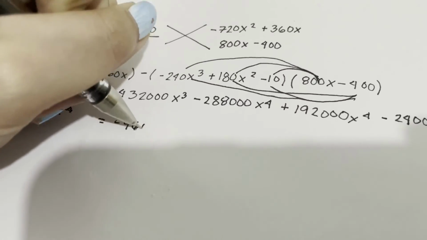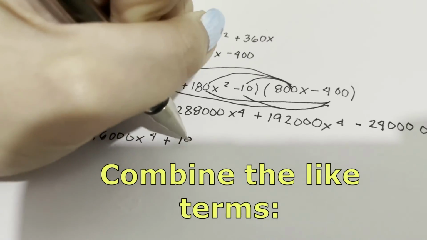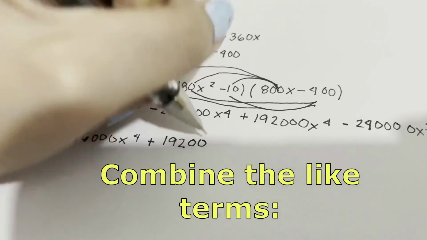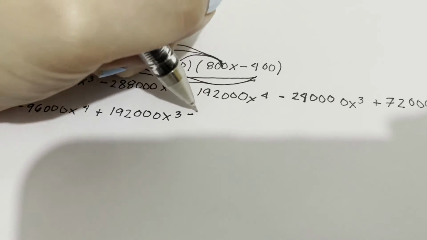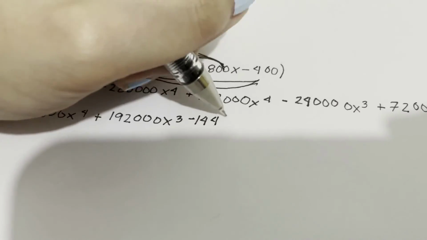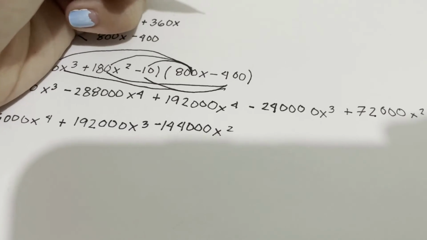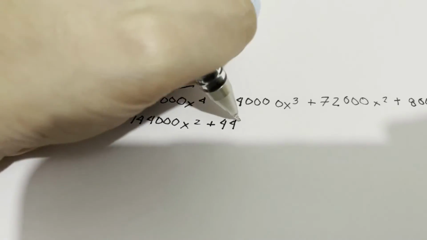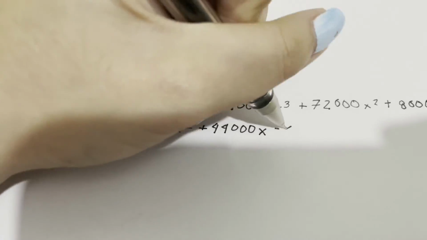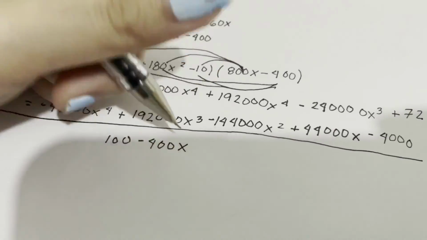After we multiply the numerator, we then combine the like terms. And the answer is negative 96,000x to the power of 4 plus 192,000x cubed minus 14,400x squared plus 44,000x minus 4,000 over the simplified denominator, which is 100 minus 400x plus 400x squared.